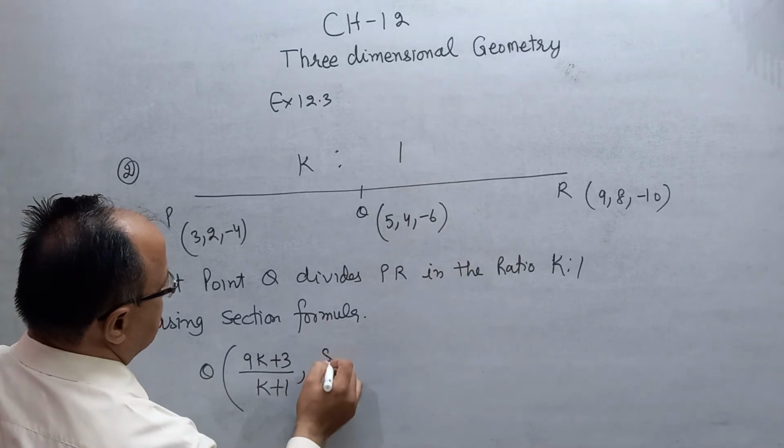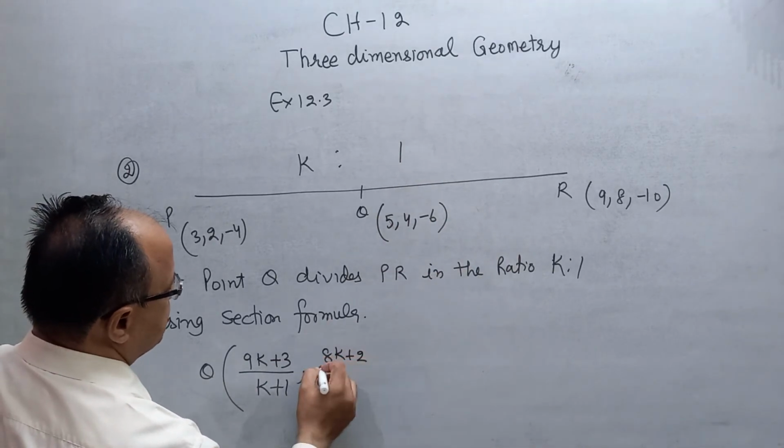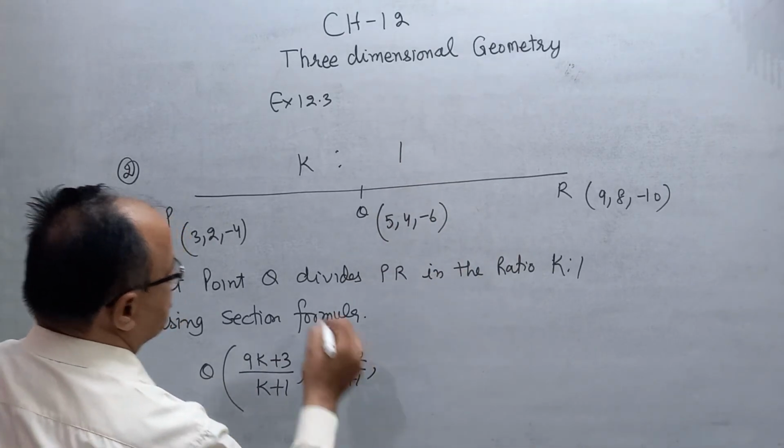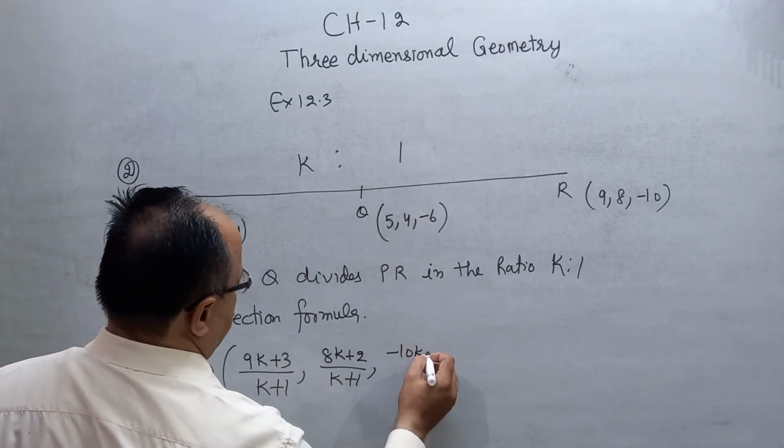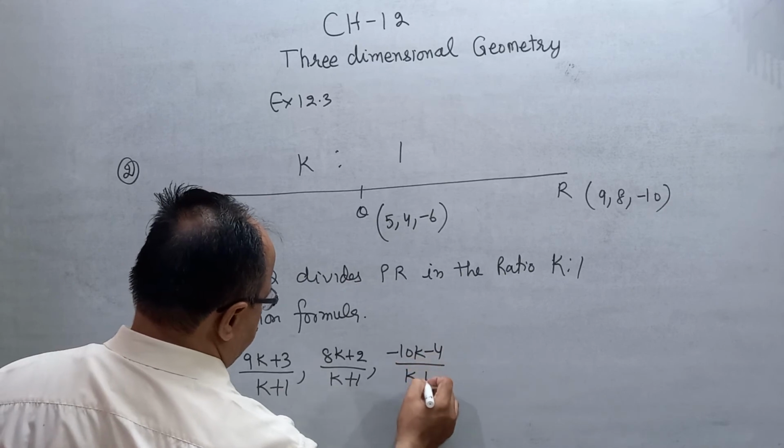Next, 8K plus 2 divided by K plus 1. Next, minus 10K minus 4 divided by K plus 1.